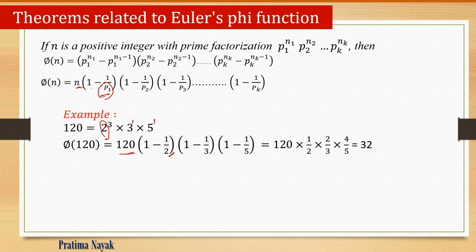Similarly, the second one will be 1 minus 1 by 3, this is p2, and 1 minus 1 by 5, that will be p3. So this is simple. It will be 120 multiplied by 1 minus half, which is 1 by 2, 1 minus 1 by 3 is 2 by 3, and this is 4 by 5. You simplify: 5 times 10, 3, 4, then it will be 4 times 4, 16 times 2, 32.